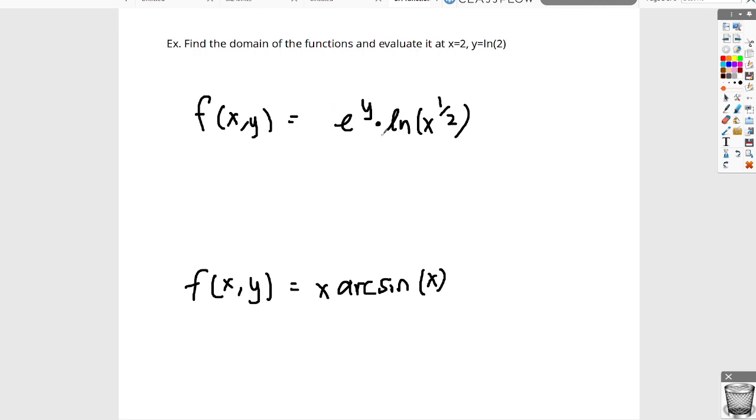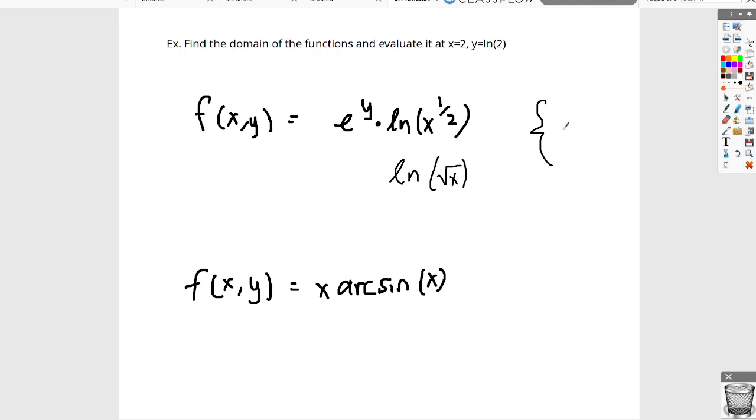So for example, in this one, natural log x to the 1/2 is natural log square root of x, and the domain for natural log is open bracket 0, so it can't include 0, open bracket 0 comma infinity, right? It cannot include any numbers that are less than 0, and the y value does not matter.